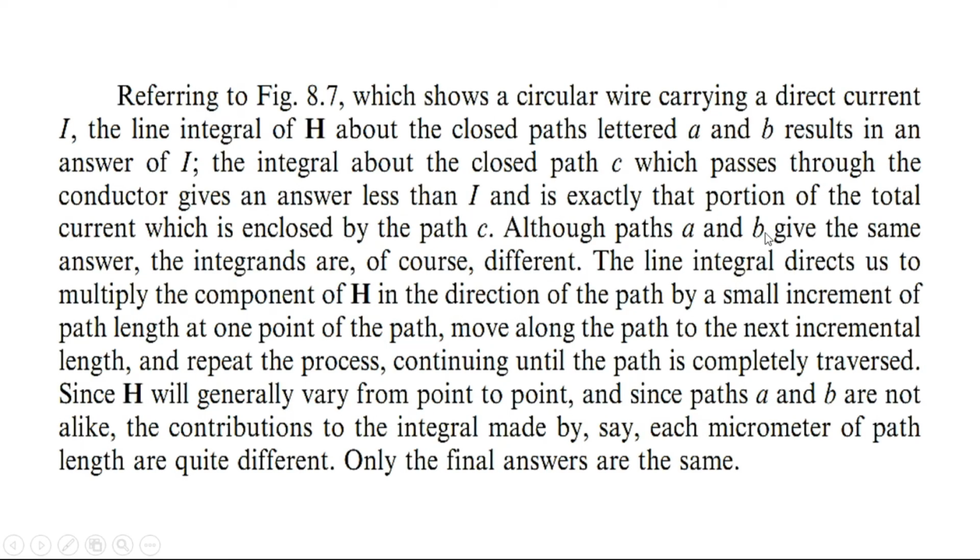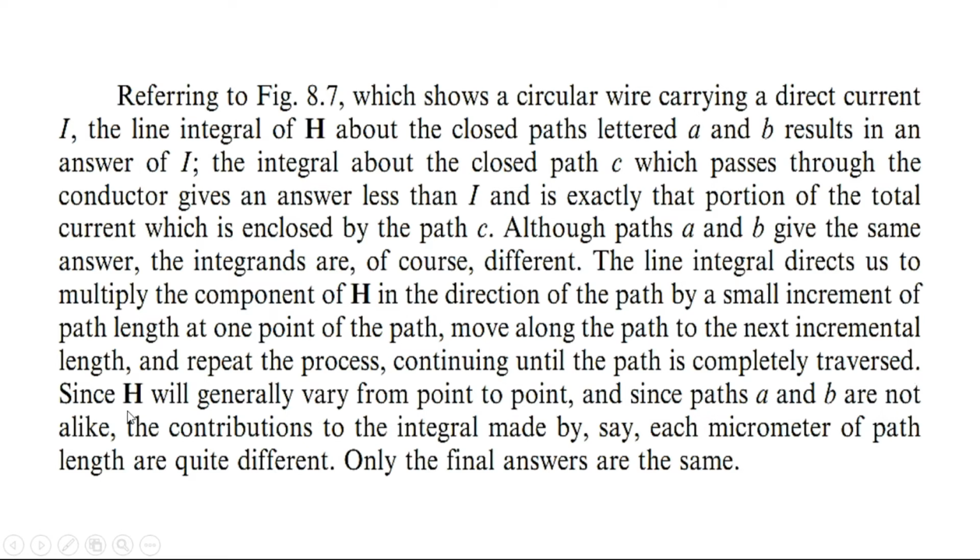Although paths A and B give the same answer, the integrands are of course different. Why? Because the line integral directs us to multiply the component of the magnetic field intensity in the direction of the path by a small increment of path length at one point of the path, then move along the path to the next incremental length and repeat the process, continuing until the path is completely traversed.